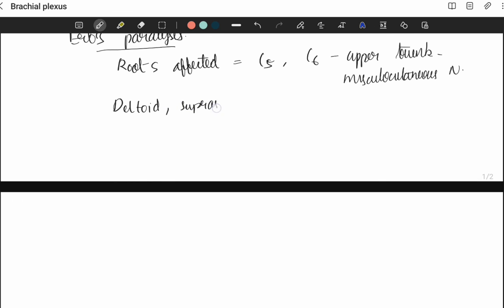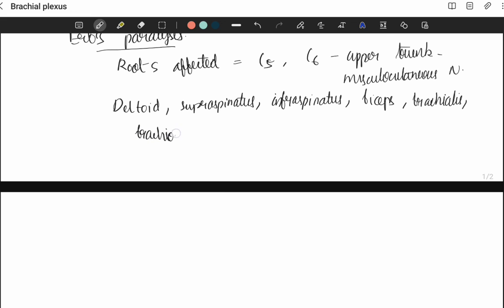So in short, the muscles that are mainly affected by this are deltoid, supraspinatus, infraspinatus, biceps brachii, brachialis, brachioradialis. Basically, most of the arm muscles, supinator, and extensor carpi radialis longus.